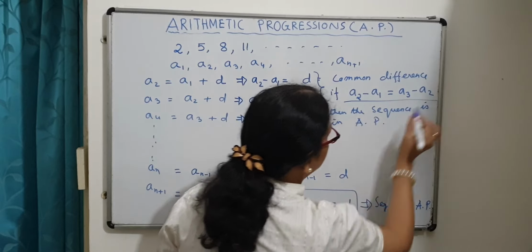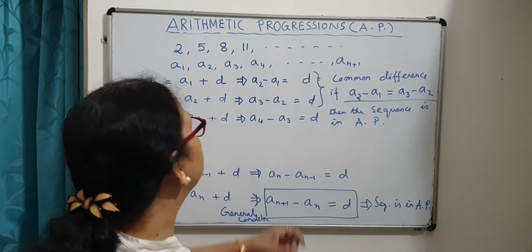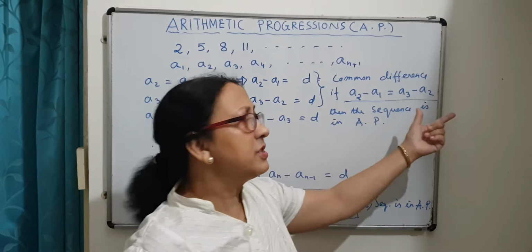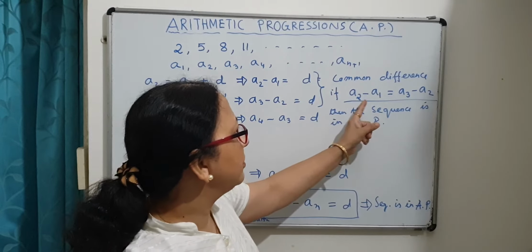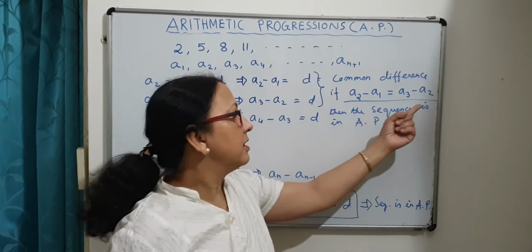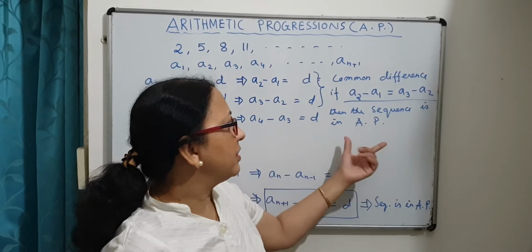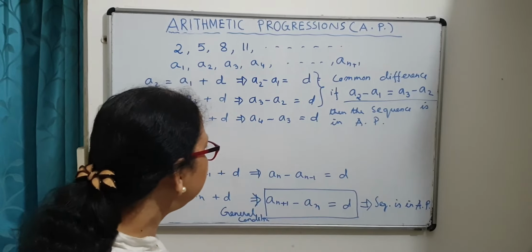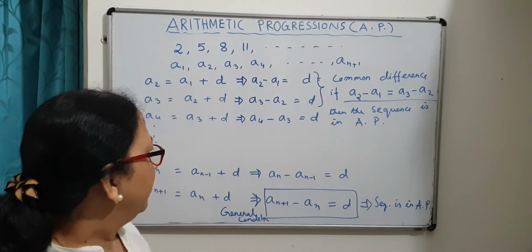We have to check this in particular. If the first three terms of any sequence are given, then we can very easily check this. And if this is not equal, then we say this sequence is not in AP, and this is in general.